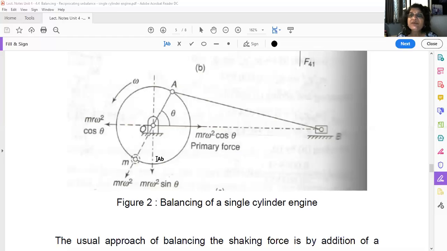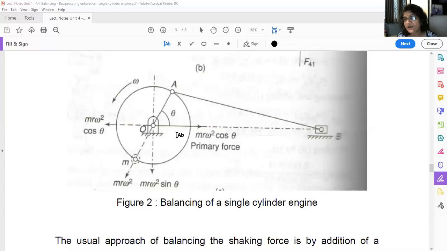So even if we try to balance the single cylinder engine by providing a certain mass, taking care that mr must be equal to m_b r_b, it will not completely balance the engine, because this component will remain.